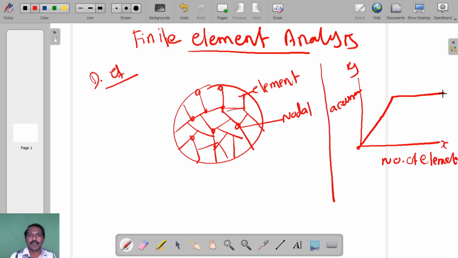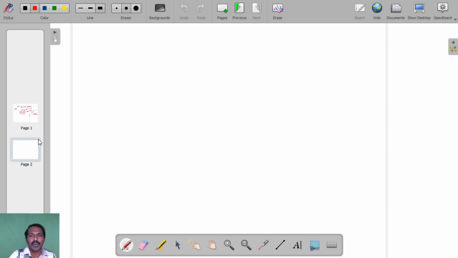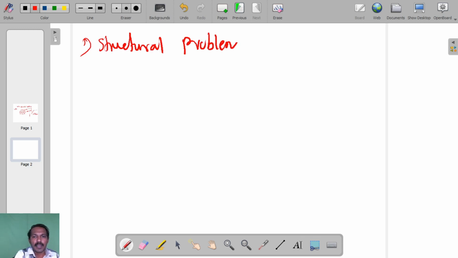Next, there are two types of problems we can solve. First one is structural problems.